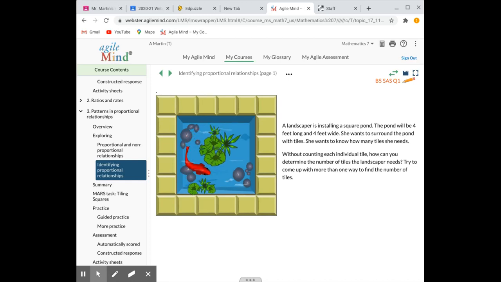All right, so today in this block, this is Agile Mind Section 3, Block 5. We're going to decide whether two quantities are in a proportional relationship by looking at a table or graph. We're going to identify the constant of proportionality or unit rate in tables and graphs. We're going to be able to represent non-proportional relationships with equations.